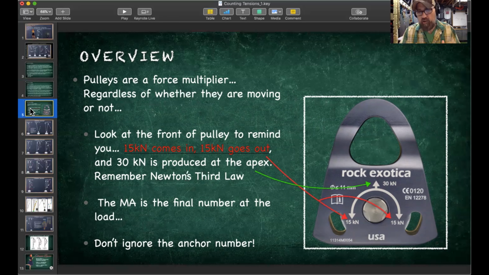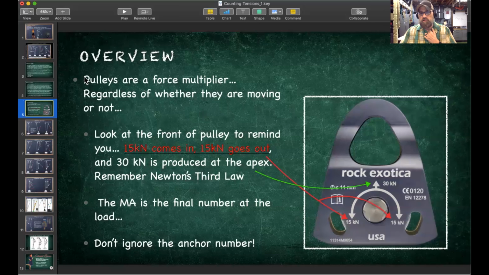In the end, obviously, only moving pulleys are articulating with your mechanical advantage or adding to your mechanical advantage, where a fixed pulley is just a change of direction. People get that confused, thinking that only moving pulleys add to a multiplication of their force. And that's not true. We're going to see that on anchors, and that's something you've got to be cognizant about.